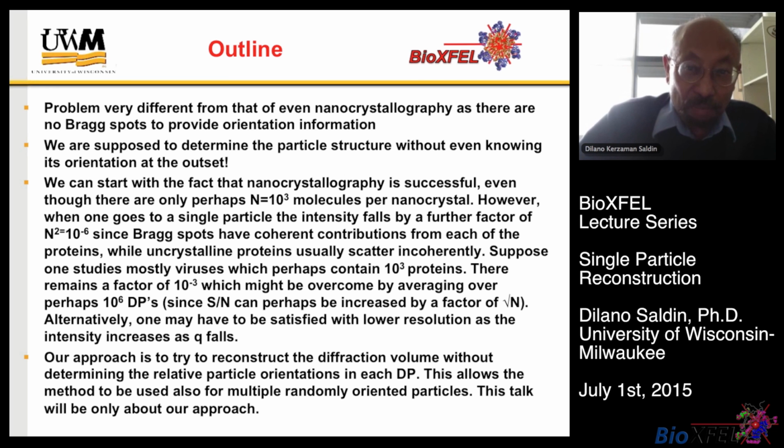But this can be overcome by averaging over the perhaps 10 to the 6 diffraction patterns that one has, since the signal to noise probably increases by a factor of the square root of n, where n is the number of diffraction patterns, as one averages over diffraction patterns. So you can get probably all the way to a useful pattern at the end. Or else one has to be satisfied with lower resolution, as the intensity increases as Q falls.